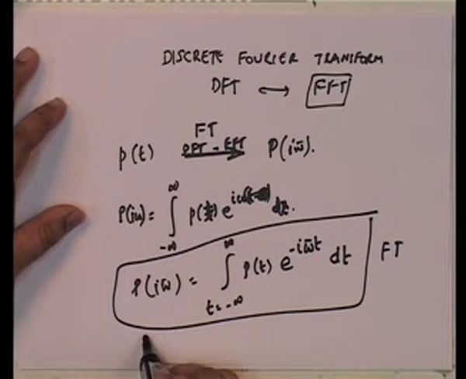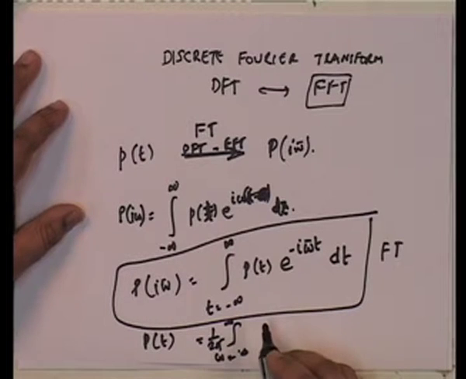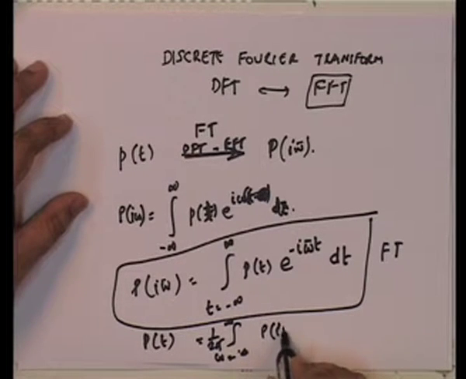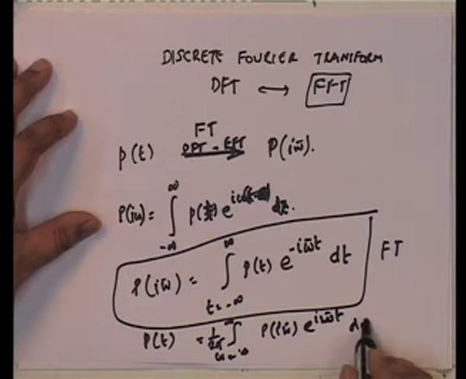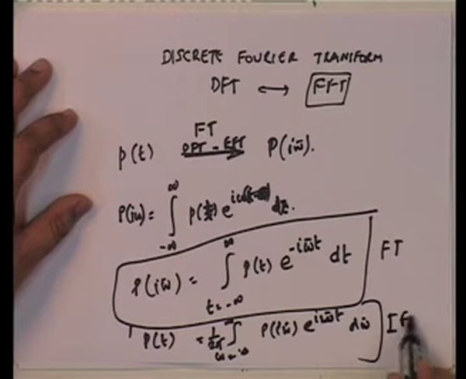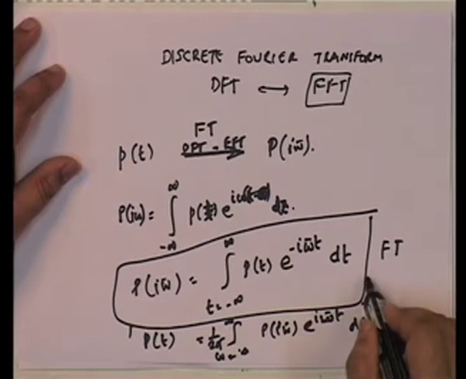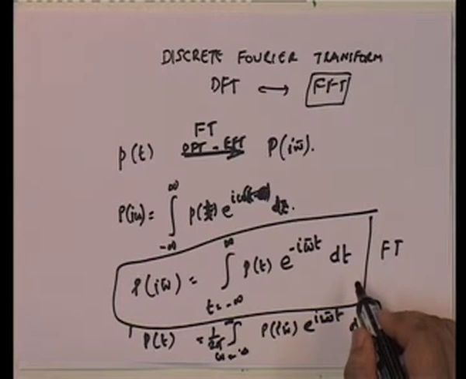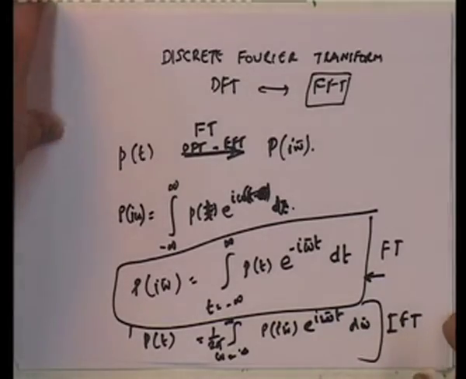P(t) is equal to the integral over omega from minus infinity to infinity of 1 over 2 pi, P(i omega) e to the power of i omega t d omega. This is the inverse Fourier transform. So, essentially what I am doing right now is putting down this particular form.